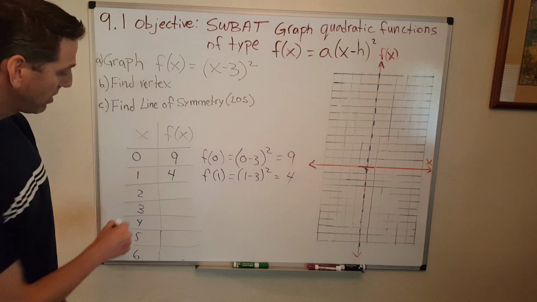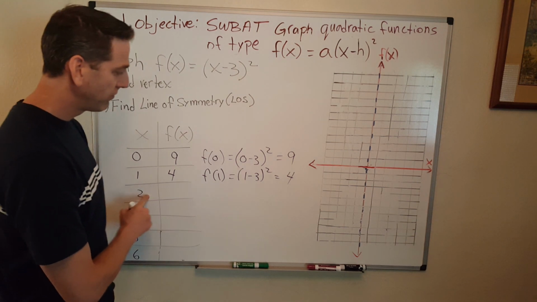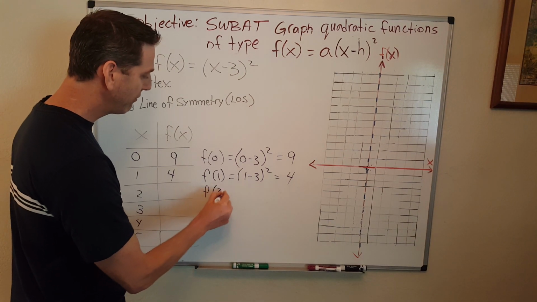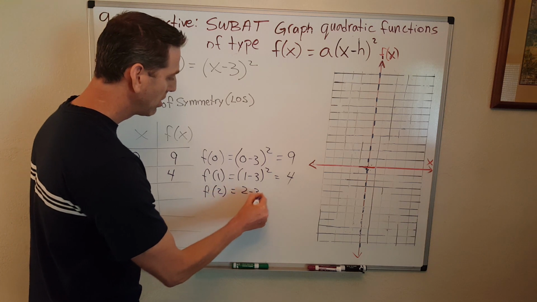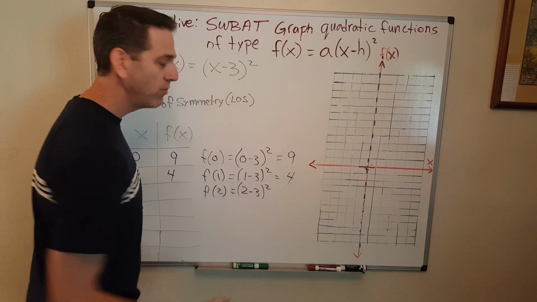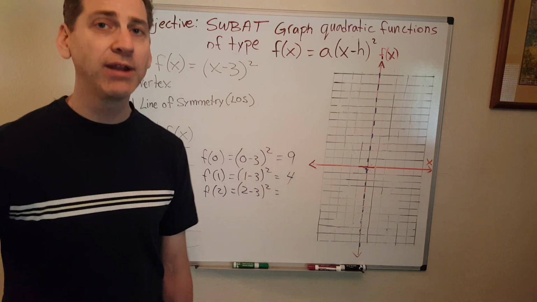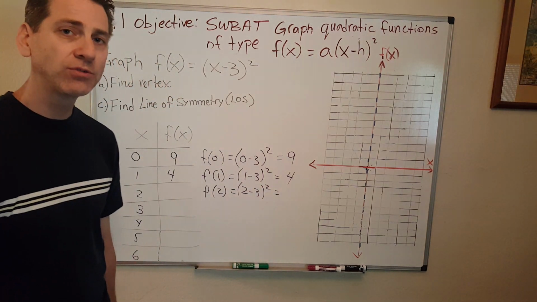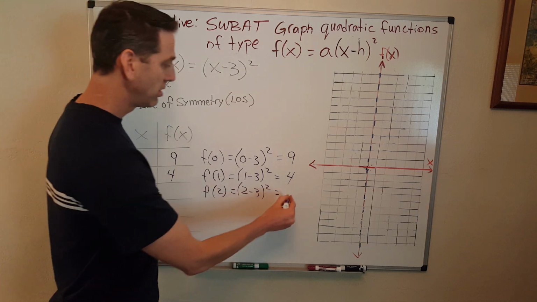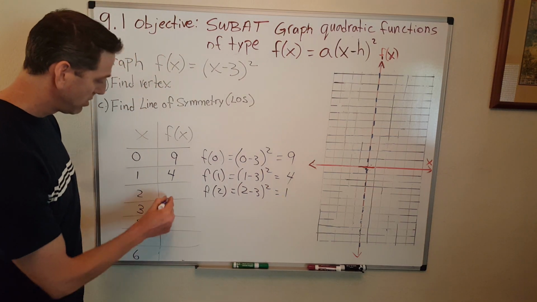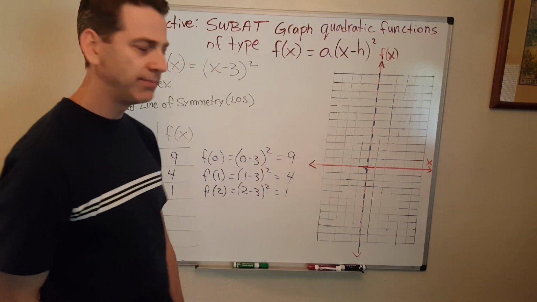How about at x equals 2? That would be f of 2, which is 2 minus 3 squared. Well, 2 minus 3 is negative 1, and negative 1 squared is positive 1. Maybe this is starting to look familiar.